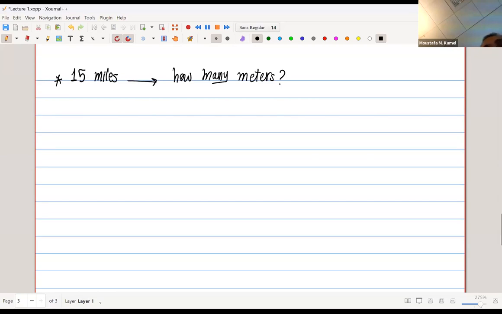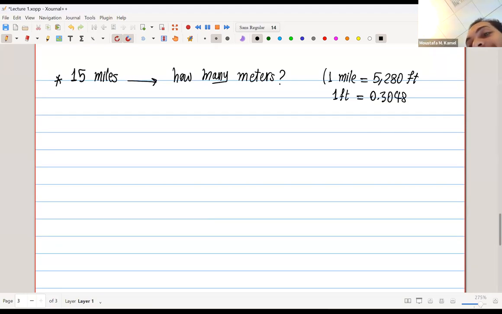So what I know is 1 mile is equal to 5,280 feet. And 1 foot is equal to 0.3048. I just Googled these numbers, so don't memorize them. And that's all I know.